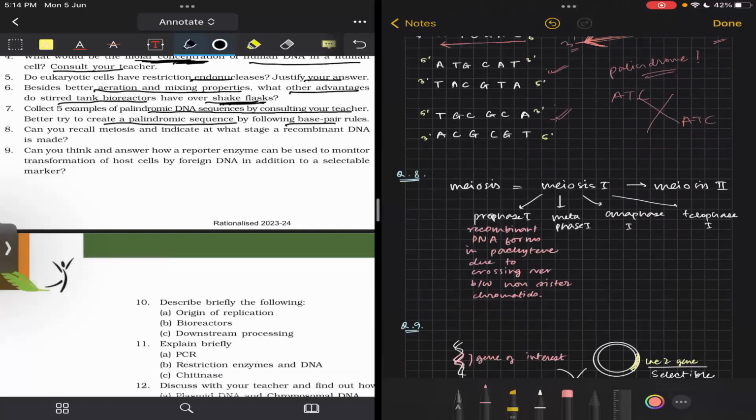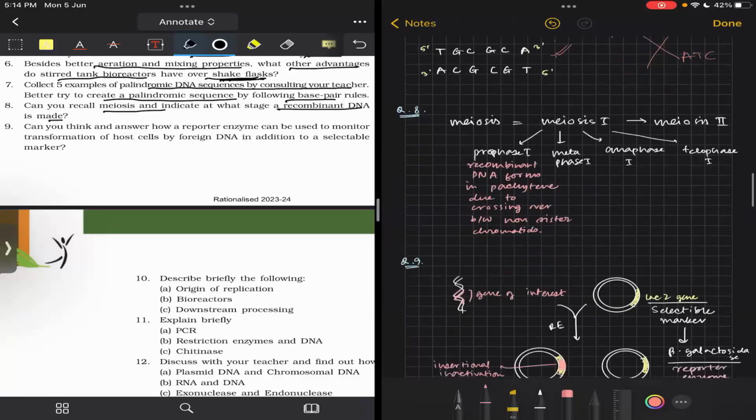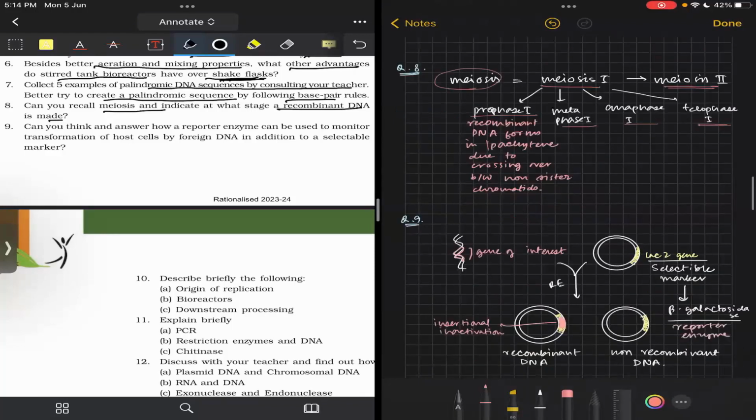And now question number 8. Can you recall meiosis and indicate at what stage a recombinant DNA is made? So meiosis, if you recall, has two stages, meiosis 1 and then meiosis 2. Meiosis 1 has prophase 1, metaphase 1, anaphase 1, and telophase 1. And in prophase 1, there's a stage called pachytene. And in pachytene, the crossing over occurs.